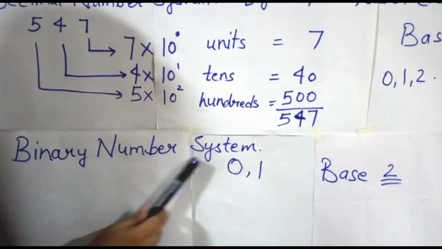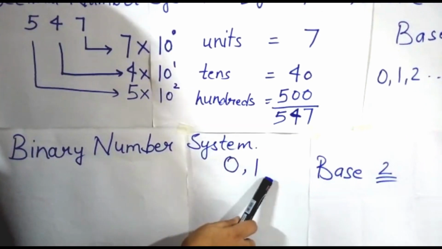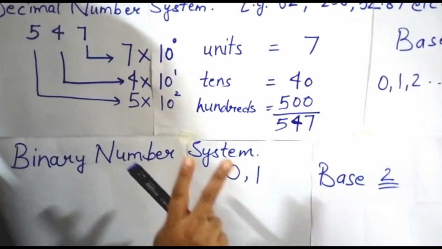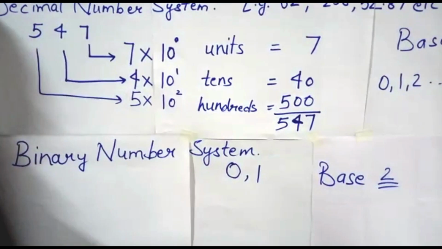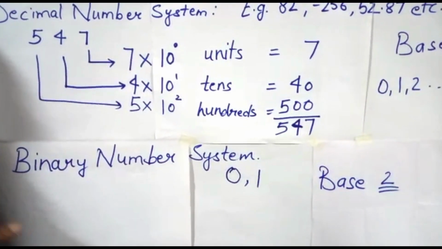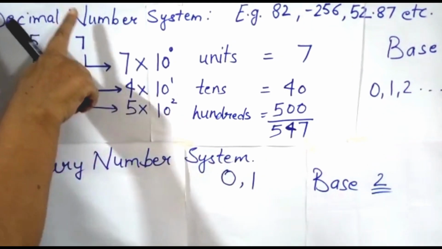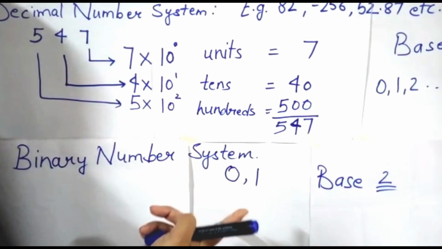Binary number system consists of only two digits 0 and 1. Since this system uses two digits, it has the base 2. All digital computers use this number system to convert the data input from decimal format into its binary equivalent.